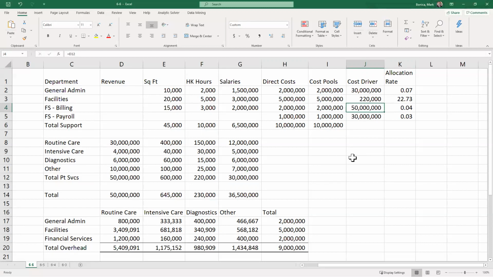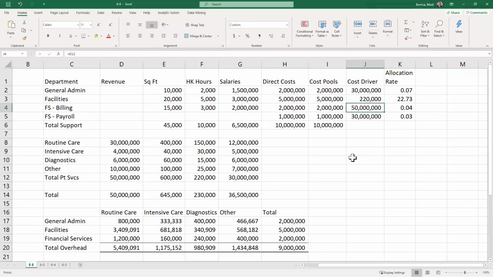Well, that would be like 20 people. So again, like billing, the amount of work in payroll is really more about the number of people supported than it is about the dollars actually paid to the people, because it takes the same amount of effort to pay one person that makes $100,000 as it does to pay somebody who makes $25,000. So I would say a better driver for payroll would be the number of people in a department rather than the salaries for the department. But salaries is good enough if that's all we've got.